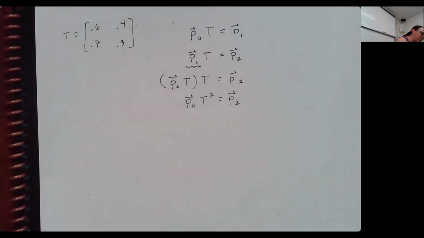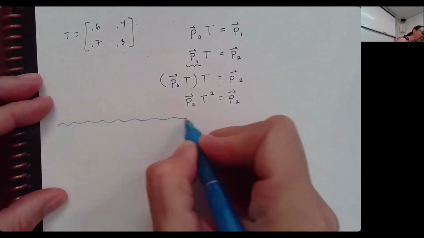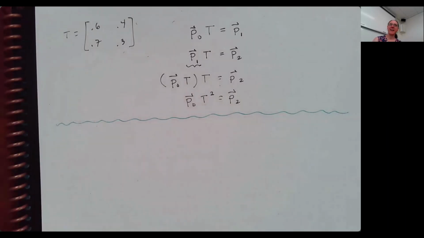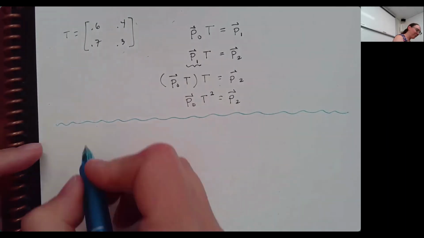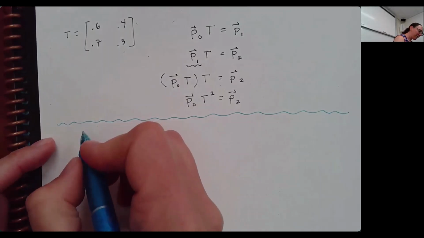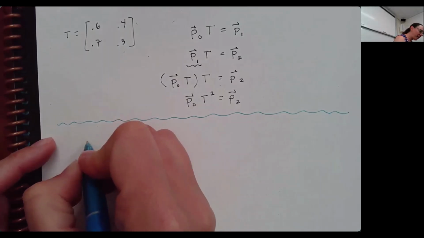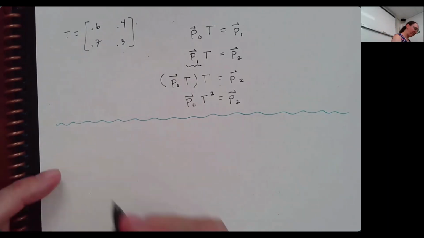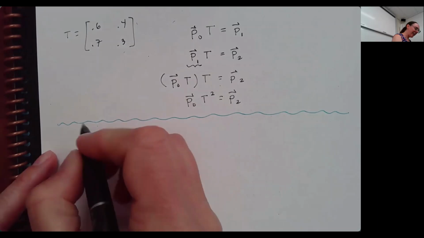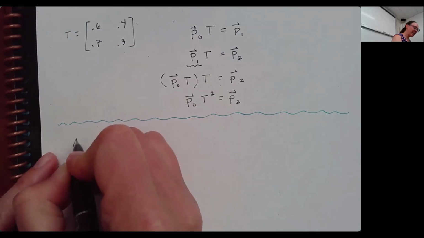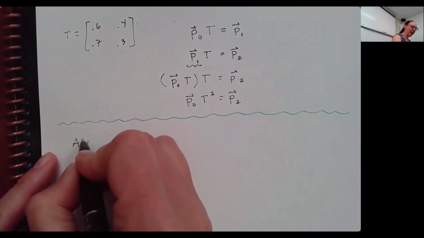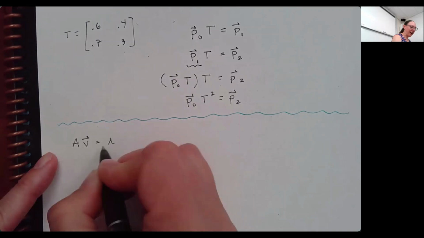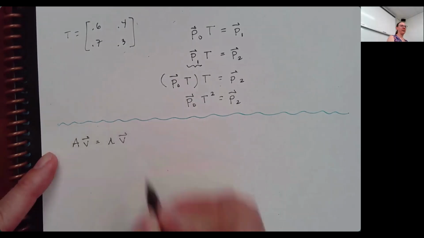Taking it back to the eigenvector eigenvalue stuff, because I don't think he's going to have time to do this, but it's sort of cool. What it means to be an eigenvalue eigenvector pair is that if I take my matrix and multiply by the eigenvector, I get the eigenvalue times the eigenvector back.